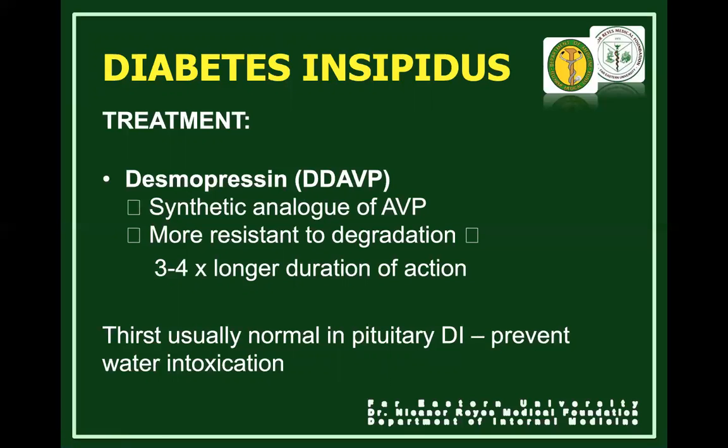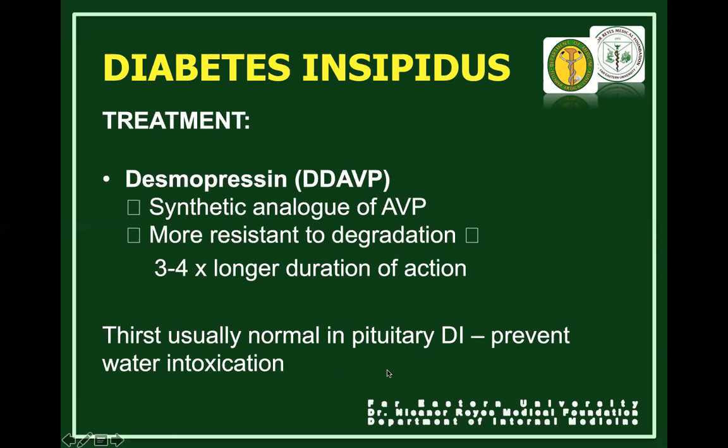Sometimes it can be given once a day, every 24 hours. Some can extend to 2 days, or sometimes it can be every 6 hours that you really have to give. So it depends on the response of the patient on how you give the desmopressin.